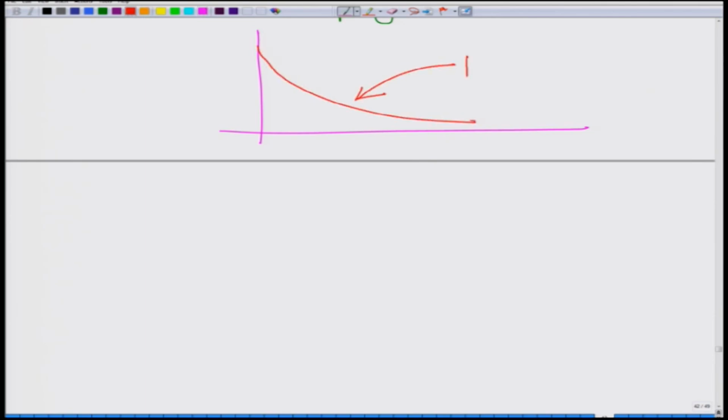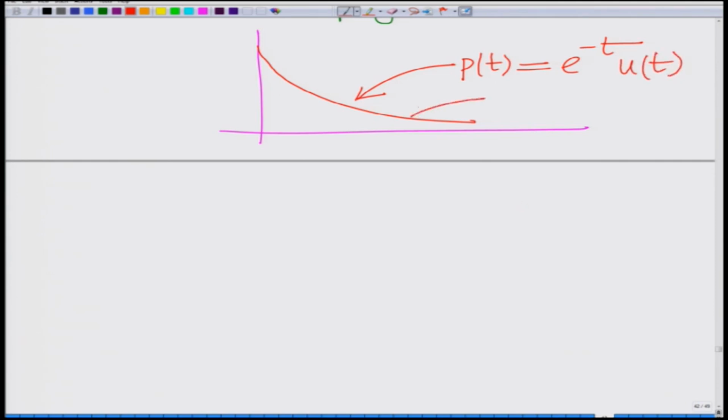Let us take a simple example. Let us say this is my pulse shaping filter. We can choose any pulse shaping filter, that is what we said, right. This is, let us say, my pulse shaping filter Pt equals e to the power of minus t times ut, that is e to the power of minus t if t is greater than or equal to 0.